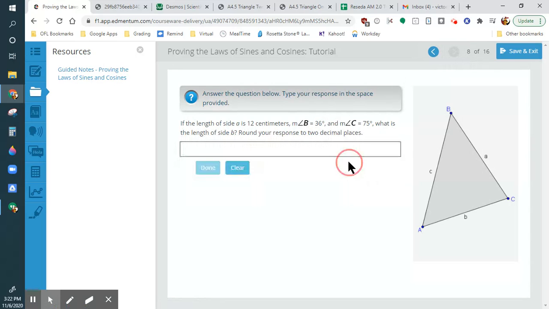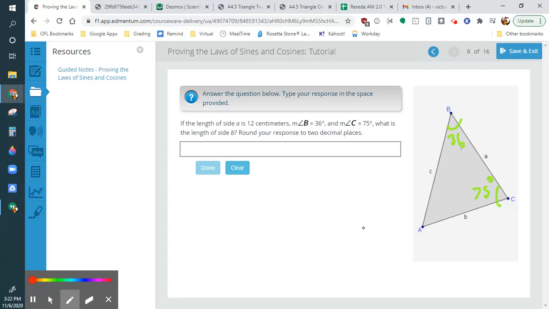Here we're going to calculate, so let me use some of my drawing tools here. The measurement of angle B is 36 degrees, and the measurement of angle C is 75 degrees, and we want to solve for side little b. And they did give us side little a, by the way.